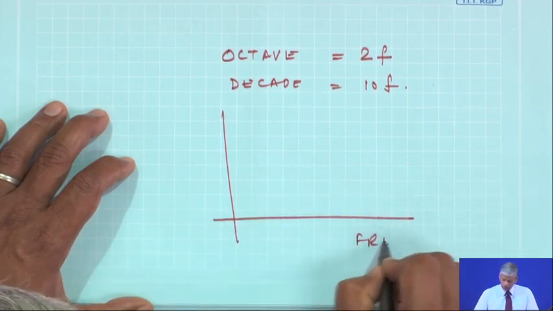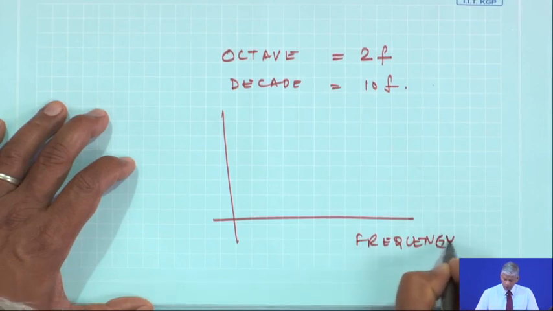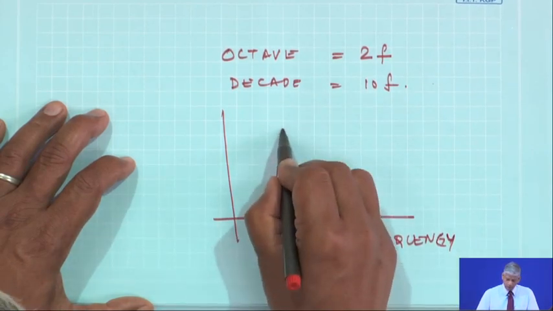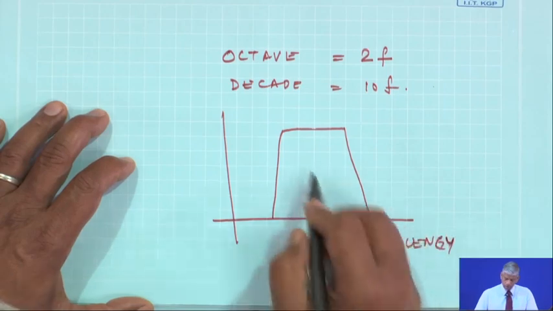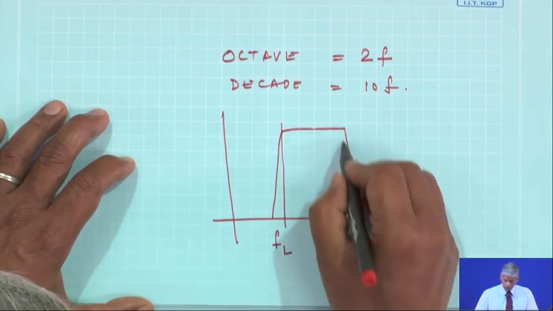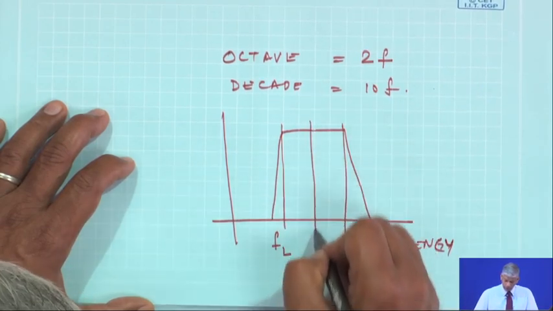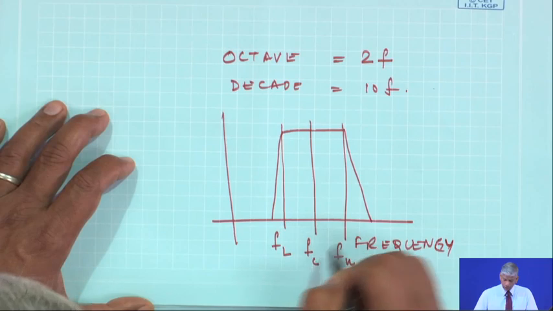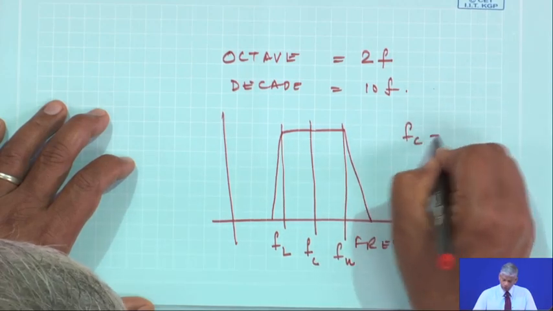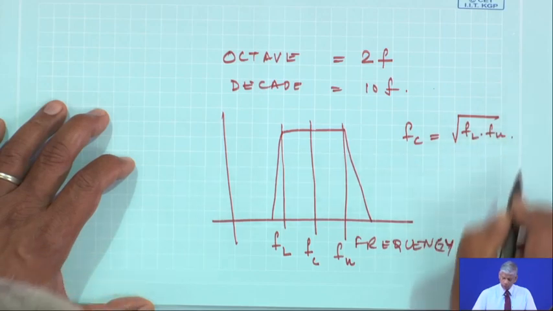So, if I have a signal in the frequency domain, a noise signal, and I try to put a filter around it, this filter will have a lower frequency, an upper frequency, and a center frequency. The center frequency is nothing but the geometric mean between FL and FU.